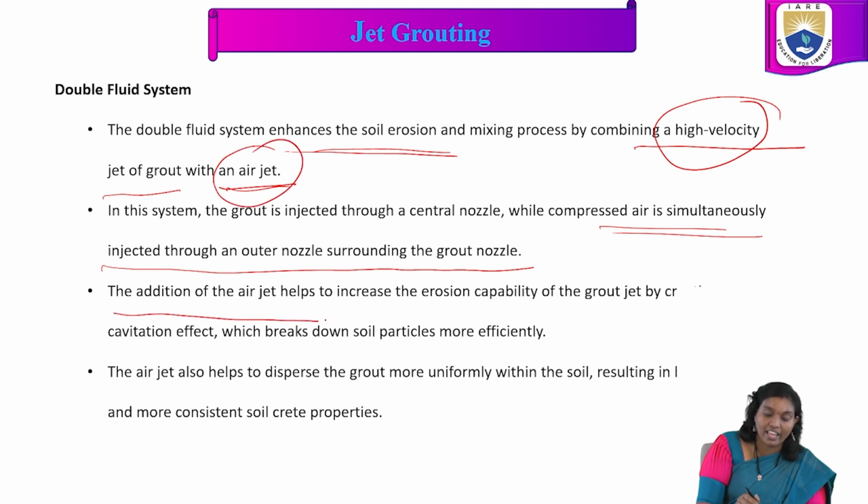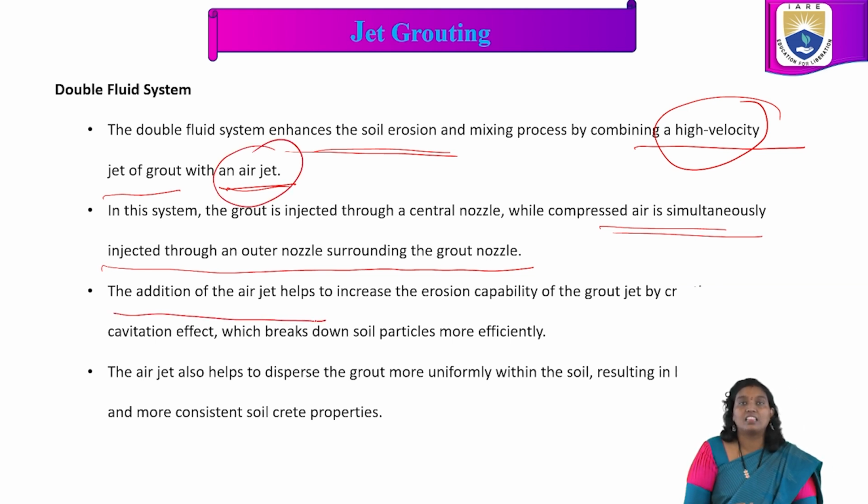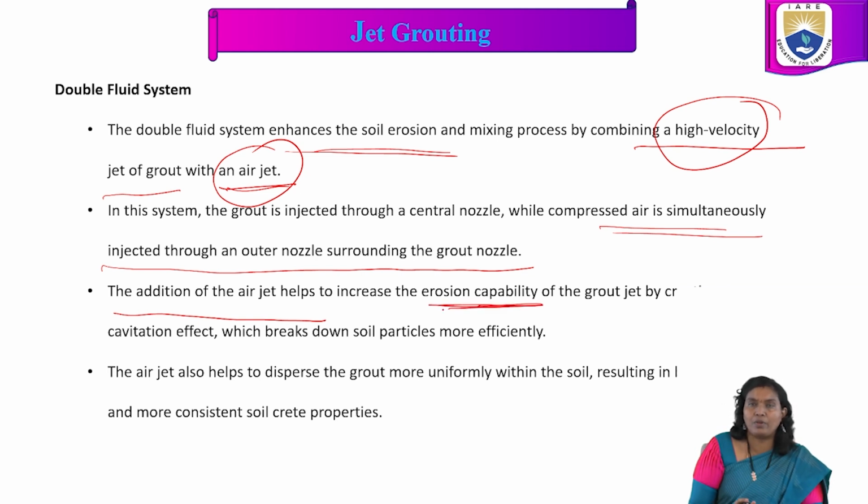The addition of the air jet increases the erosion capability of the grout jet by creating a cavitation effect, which breaks down soil particles more efficiently. The air jet also helps to disperse the grout more uniformly within the soil, resulting in better mixing and more consistent soilcrete properties.